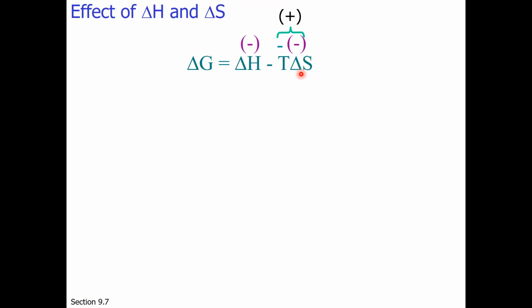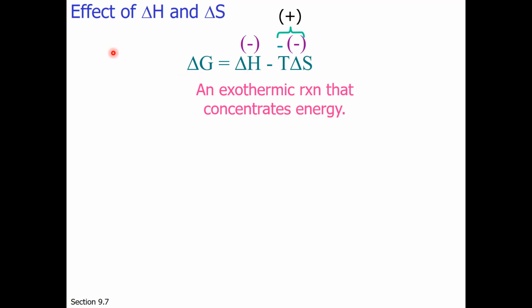We can't change delta S, but we can change the temperature. If temperature is small, this term becomes negligible, and delta H is important. This is an exothermic reaction, which is good, but it concentrates energy. An example is a phase change.